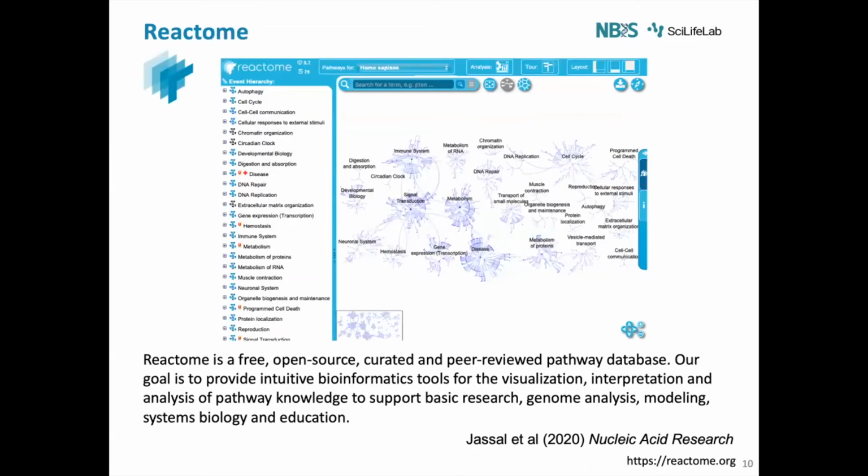Another one is called Reactome, which is very similar to KEGG, in that they compile the information about many processes in a tree hierarchy, as well as gene ontology. But in here we have also a more visual interpretation of the whole data set. You can use their annotation.